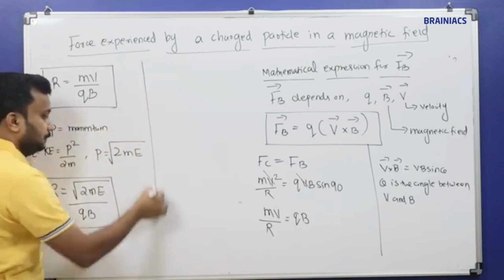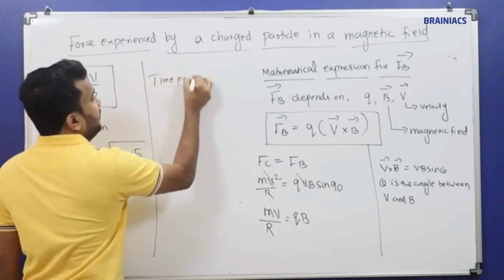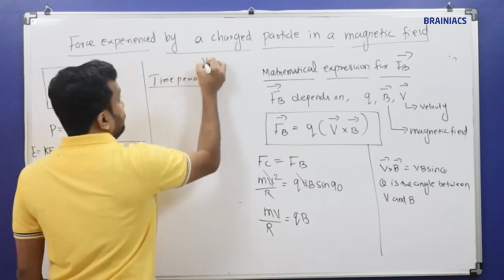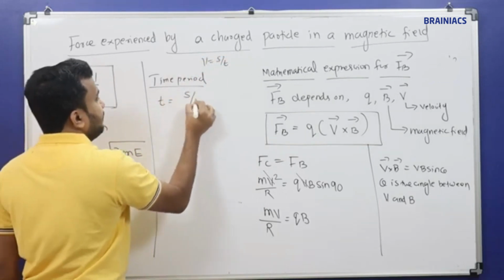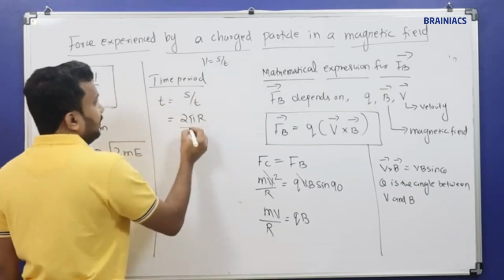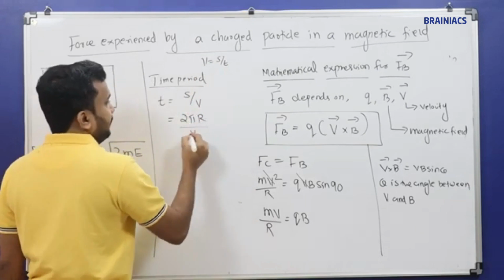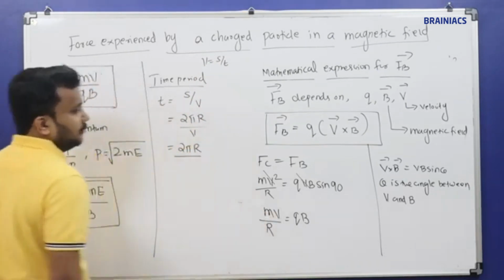Next one, time period. Normally we say velocity is equal to distance by time, so time is equal to distance by velocity. In case of a circle, distance is 2 pi r, divided by v.